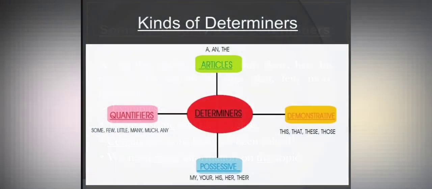Now let's come to the next point, that is kinds of determiners. So there are four kinds of determiners. First is articles, then demonstrative determiners, possessive determiners, and quantifiers. Okay, so there are some words which I have already written. These are a and the. These come under articles.